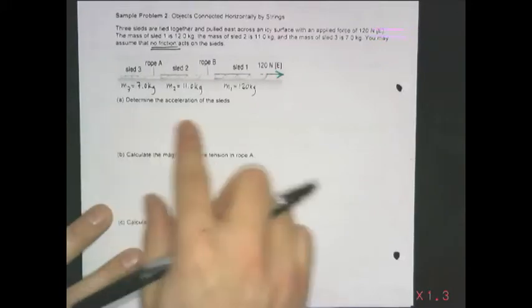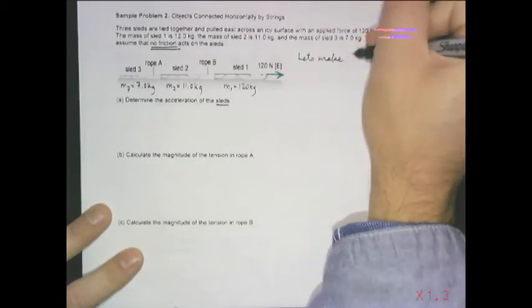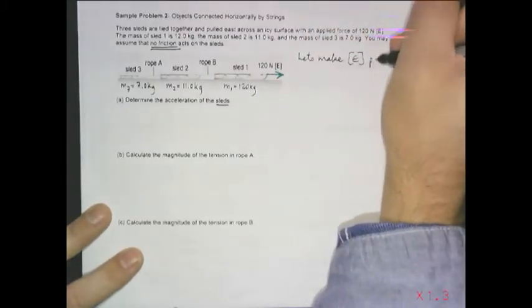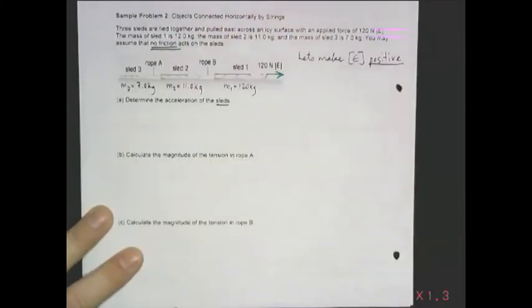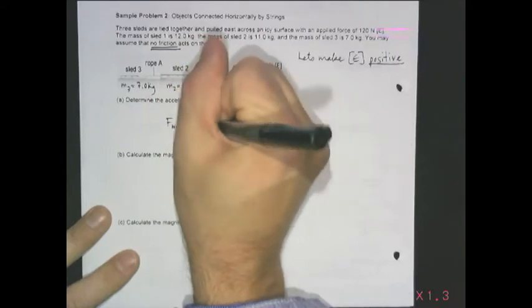So let's calculate the acceleration of all of the sleds. In order to do so, let's make east positive. If I wanted to calculate the acceleration of these three sleds together, I would use my equation, net force equals ma.